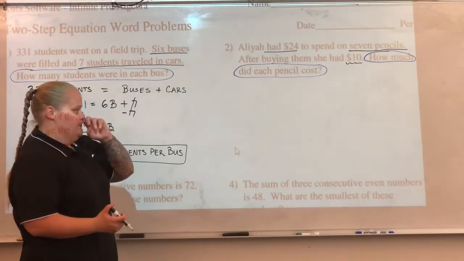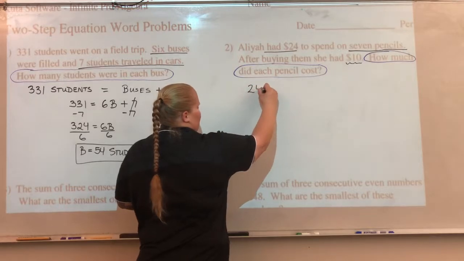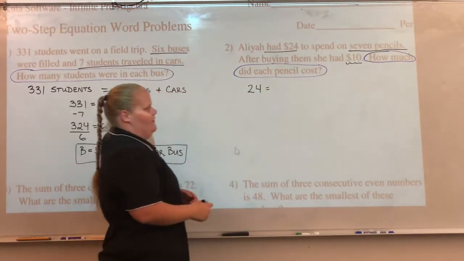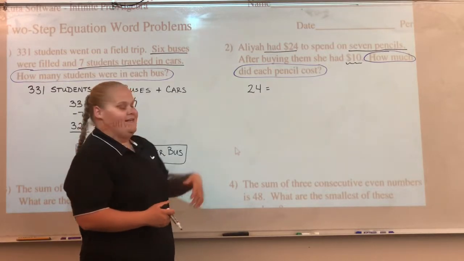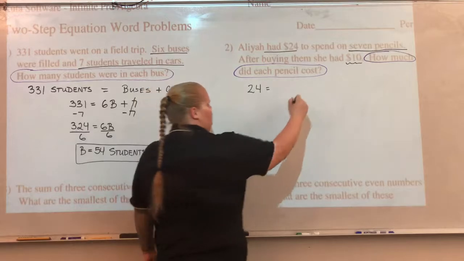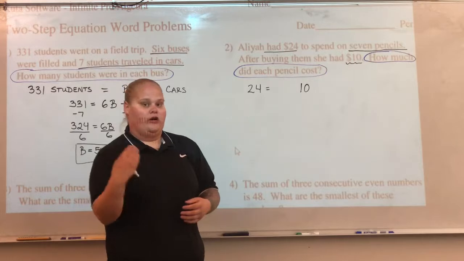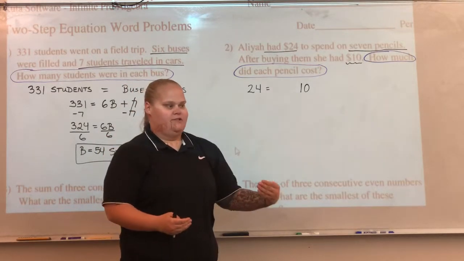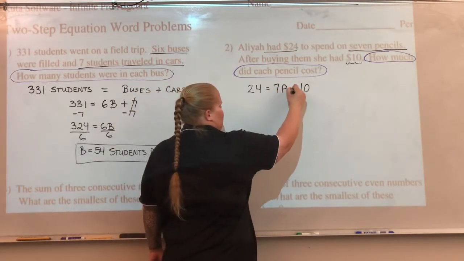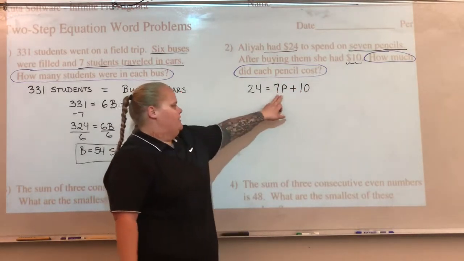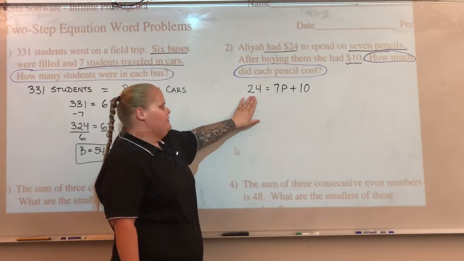Okay, so you could set this up a couple different ways. We can start with the 24. She had $24, and then she bought 7 pencils, and now she has $10 left. So the cost of the 7 pencils plus the $10 she has left over should get me back to $24.